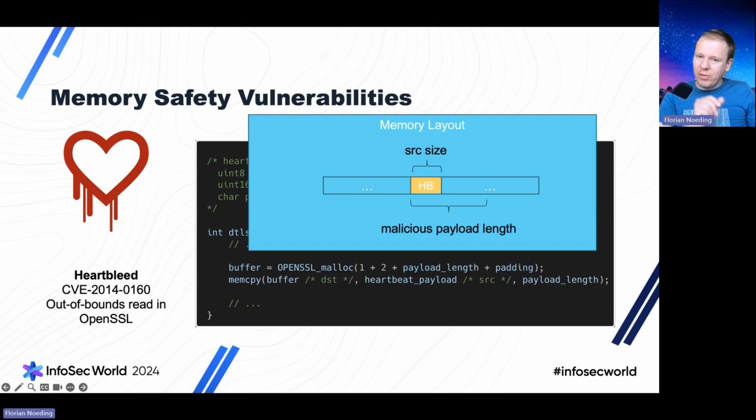But if we lie about the payload length, this memcpy will copy a lot more. And that means this formerly blue part of the data, which is now pink, gets leaked. And that means, because you can request up to 64 kilobytes of data, well, that's basically the amount of data you can simply steal and copy from a server's memory. And that's Heartbleed.